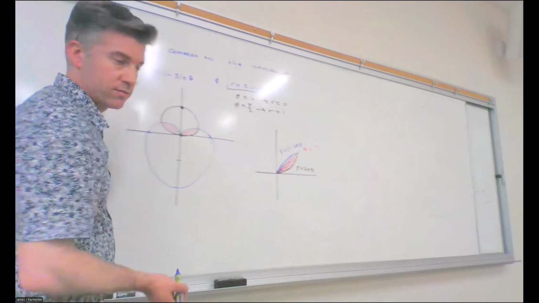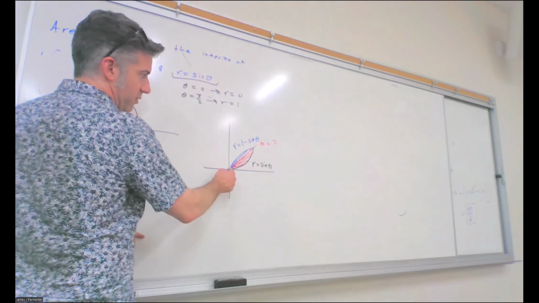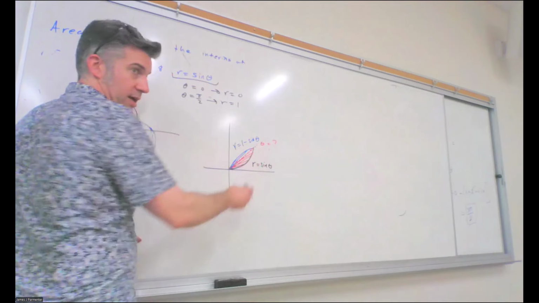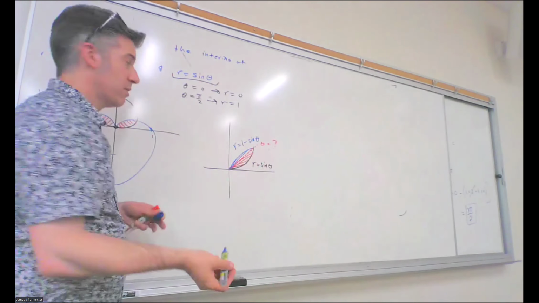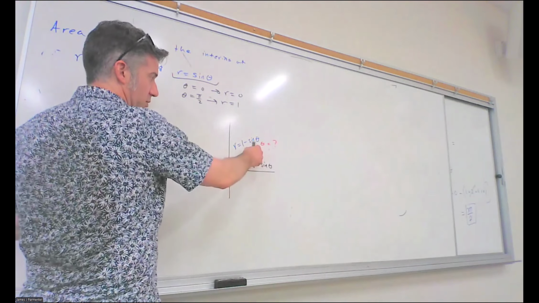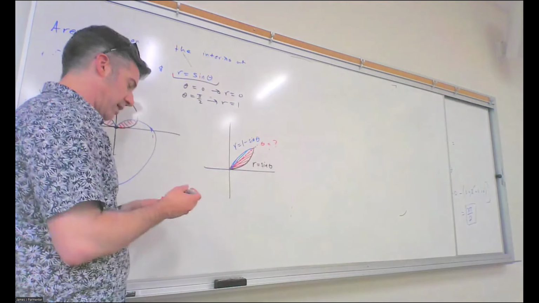So from theta equals 0 to theta equals some angle, we're going to have r equals sine theta as the curve we're using as our boundary for the area. And from theta equals whatever to the next value, we're going to use the other function, r equals 1 minus sine theta.